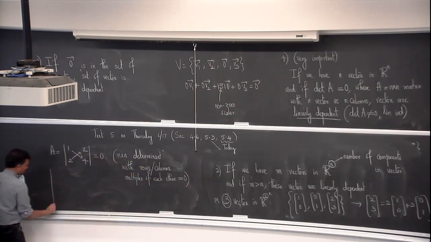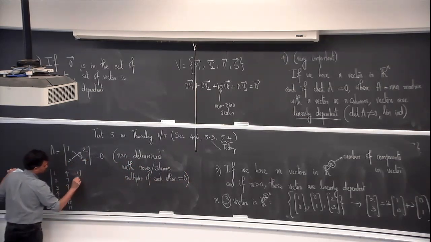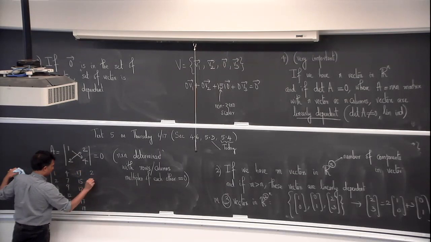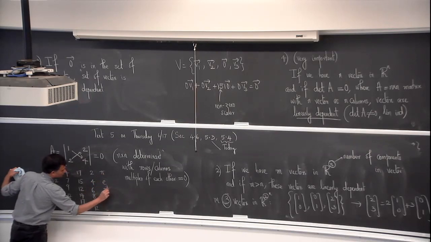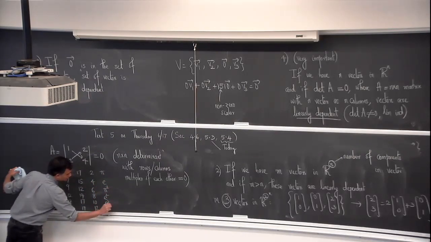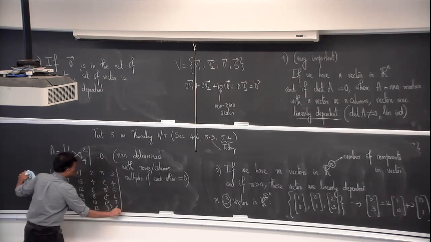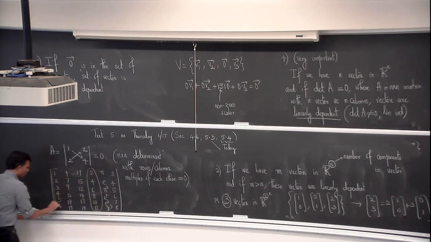So if somebody is giving you this determinant here, 1, 2, 3, 4, 5, 6, and just wants to mess around with you, asking what's the value of this determinant, and you spot that this column here is twice this column, you don't have to even bother computing it because it's going to be equal to 0.